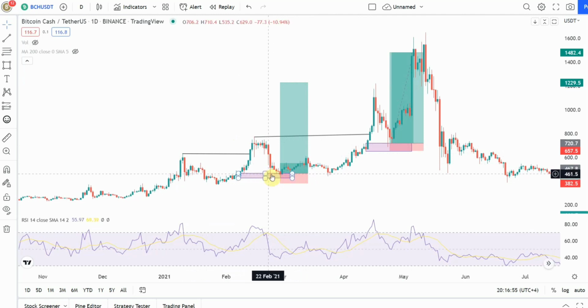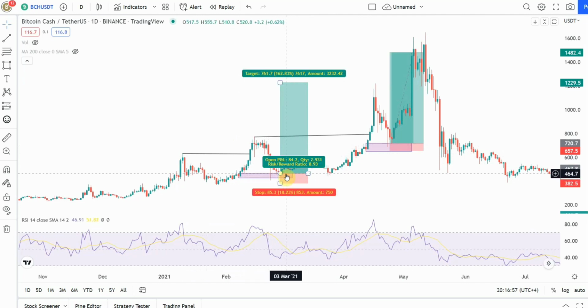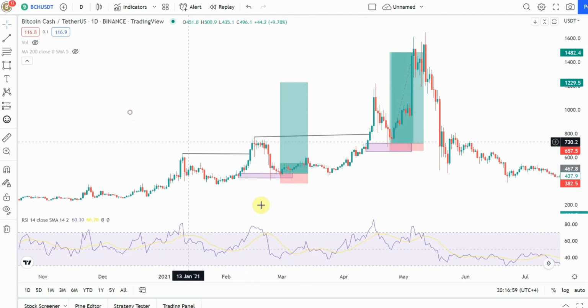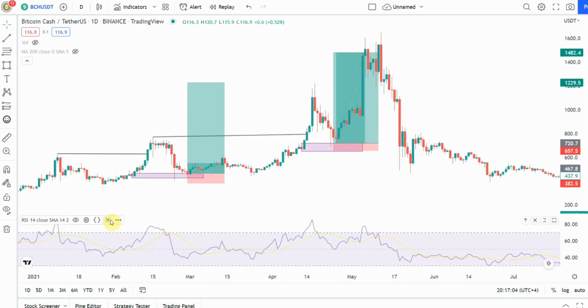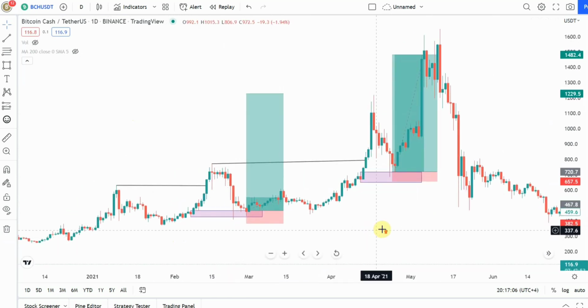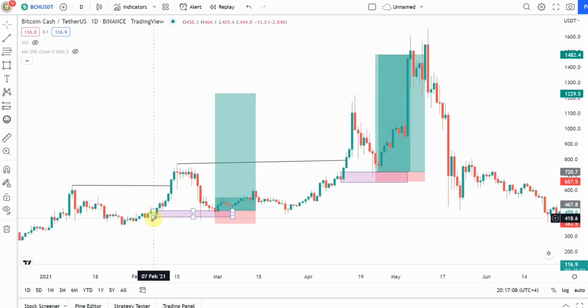We spot our order block and place our entry for the market to come there. This is the last bearish candle before the buys. This is for a bullish order block, the last bearish candle before the buys.